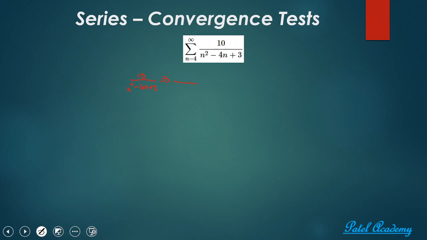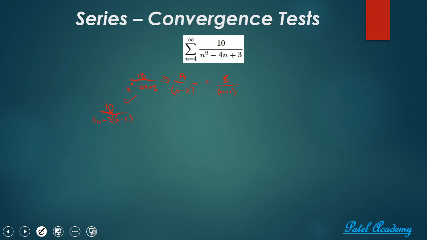I'm going to break it up into its factors, so this is going to be n minus 3 and then n minus 1. I'm going to have A and B on top. And so you can set up the system of equations, or you can use the shortcut, which is the cover-up method. So let me rewrite this as 10 over n minus 3 times n minus 1.